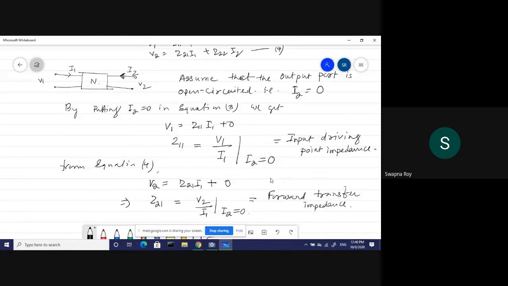So when the output port is open circuited, we can get the input driving point impedance and forward transfer impedance.